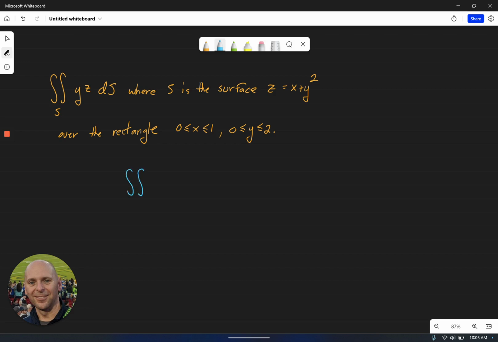So we have the double integral over S of f of x, y, z dS. Of course, we're not actually integrating with respect to the surface itself. We're going to set that up as a double integral over the region D of f of x, y, g of x, y, where g of x, y is the surface.